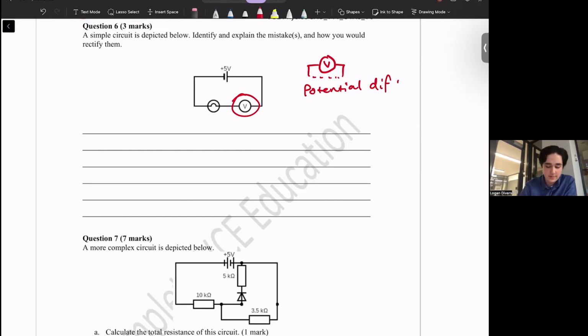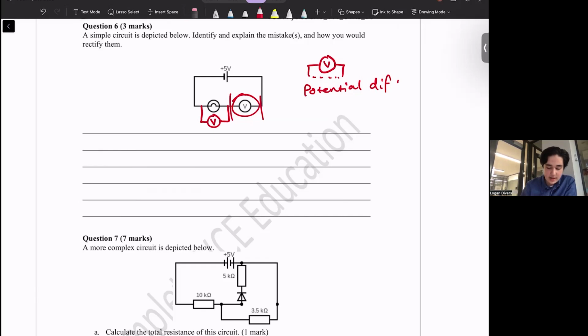And for that reason, the voltmeter should actually be rectified here. It should be put in parallel to whatever you're trying to measure across. Because in this case right here, you're going to measure a potential difference of 5 volts and then 5 volts again. So there's really no point at all.